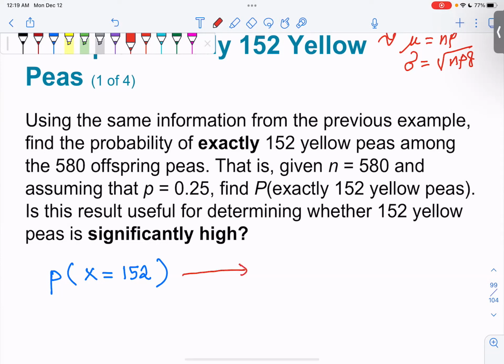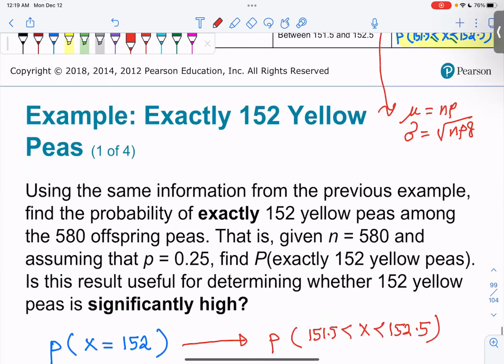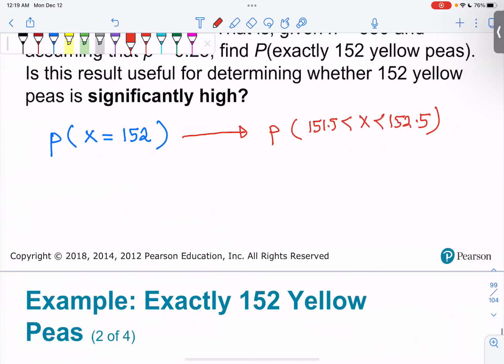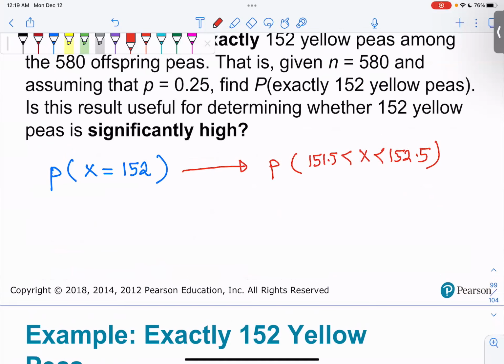So when we want to use the normal distribution, this value will be x between 151.5 to 152.5, right? Which is this one here, the last one we did.